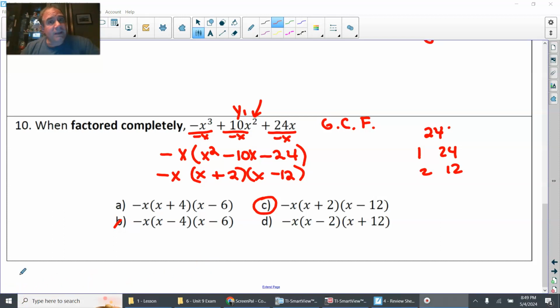Okay, that was a quick review by topic. If you know what to do, just remember, when you're factoring completely, it's more than one step. You're always going to go on to another step.